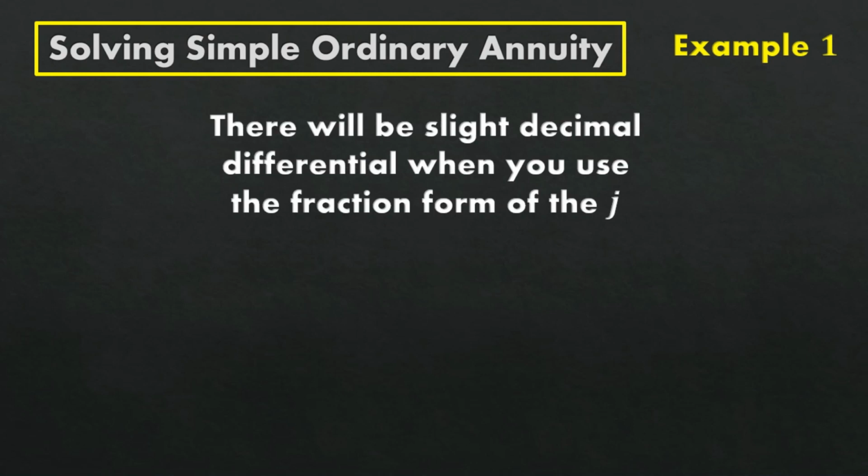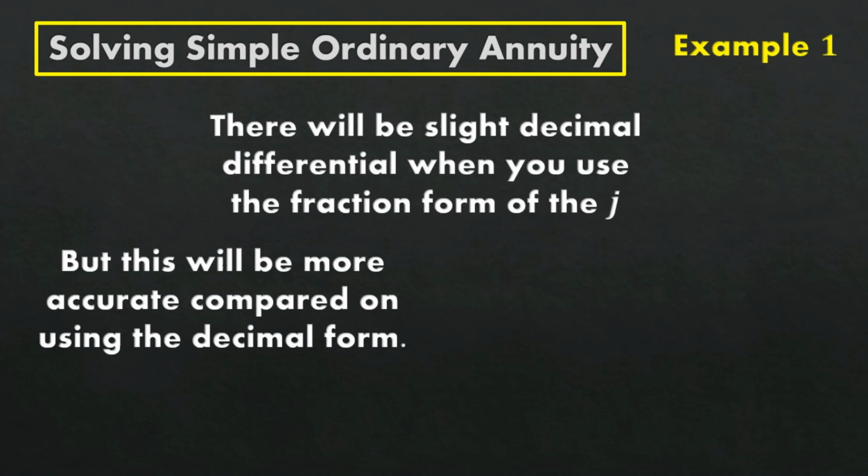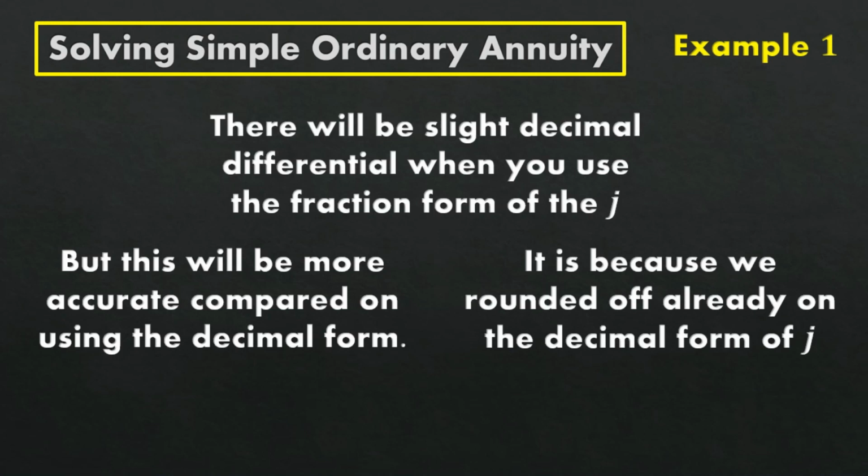And magkakaroon ng slight decimal differential. But this will be more accurate compared on the decimal form. Ibig sabihin, mas accurate talaga yung naka-fraction form comparing dun sa decimal form na ginamit natin kanina. It is because we rounded off already on the decimal form of J.